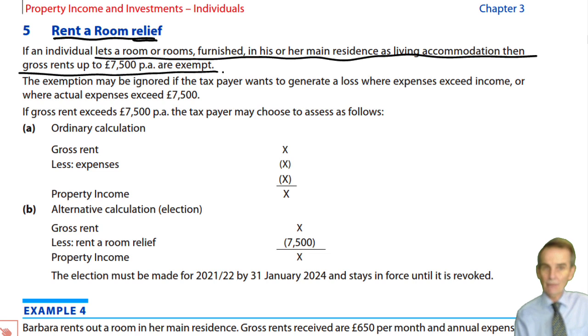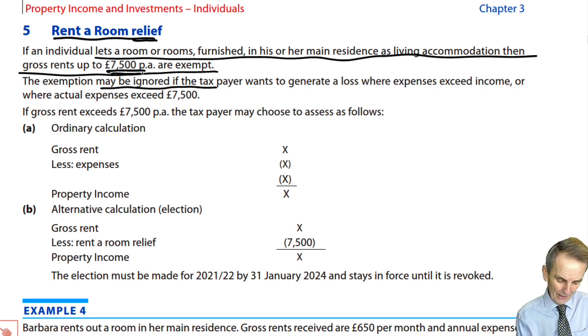How does it manifest itself? What do we have to watch out for in terms of an exam question? The exemption may be ignored. So to begin with, yes, we like the idea that £7,500 of our rental income is effectively exempt there.